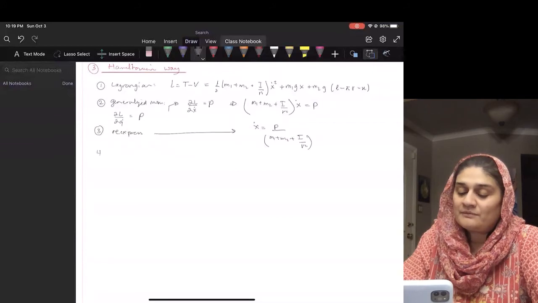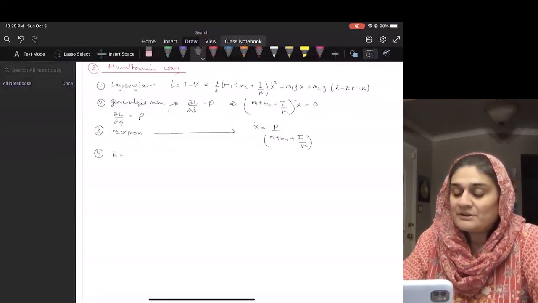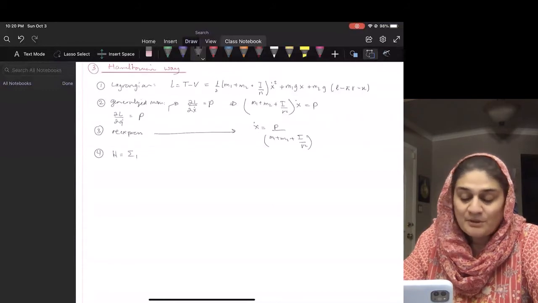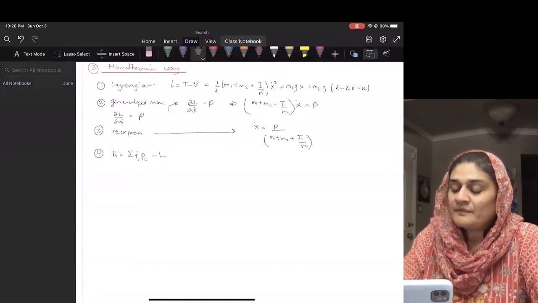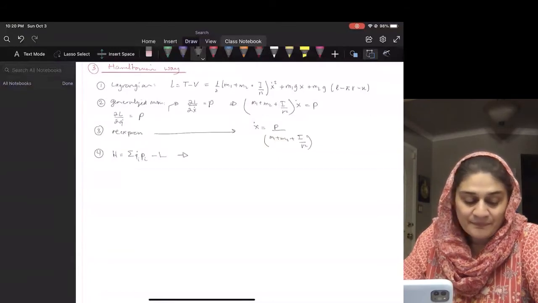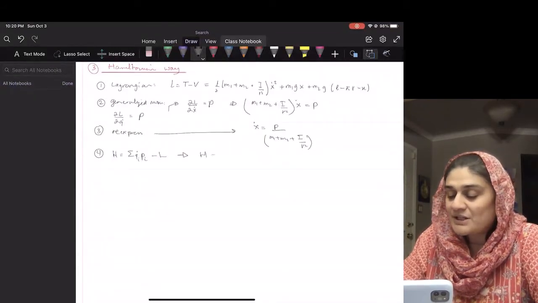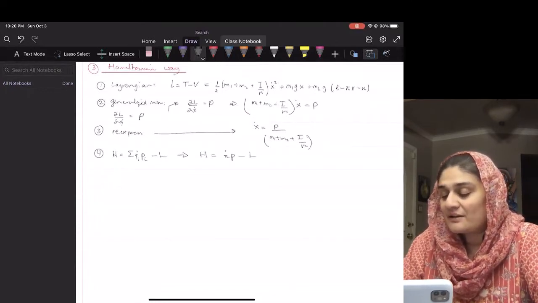Step number 4, write the Hamiltonian as the sum of Q dot P i minus L. So this implies I have to write H as X dot P, since we only have one coordinate, minus L.